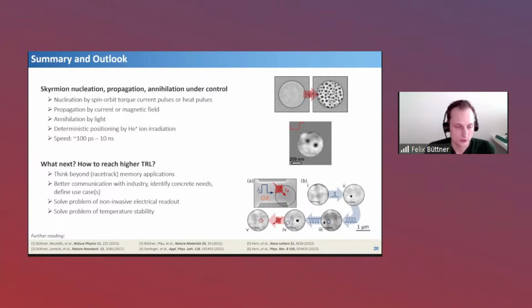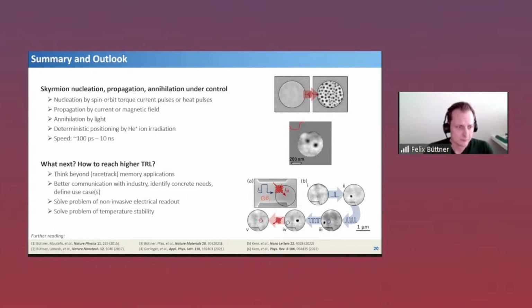For memory, we have quite good memories, but there are other problems in the world that have no technology solution yet. And for that, we also need to communicate better with industry, identify concrete needs, and define use cases. I think there's, again, a lot of promising functionality of skyrmions that can be used for addressing actual problems that exist. We just need to identify what those problems are.